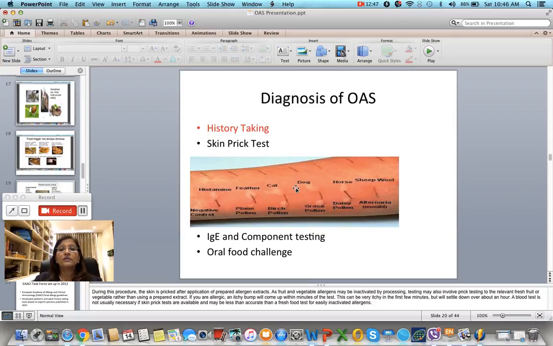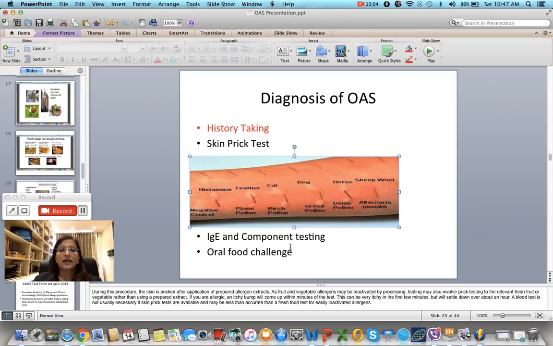But a fruit prick test, which is done with a fruit and then pricked on the skin, would give you a reaction. IgE and component testing in the blood is also done, but these are not available in our settings.